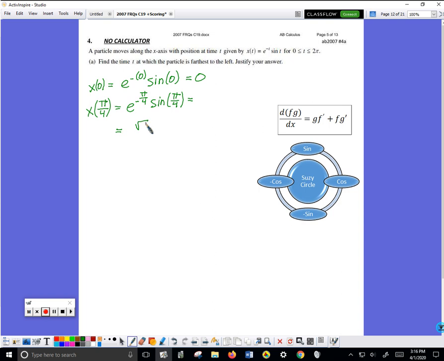So you're going to get root 2 over 2 e to the negative pi over 4. I don't know how that helps me other than, oh, now I do. I'm trying to find where x is lowest. Well, here x has a y value of 0. Here x has some y value that is some positive number, so this is lower so far. So pi over 4 cannot be the correct answer.